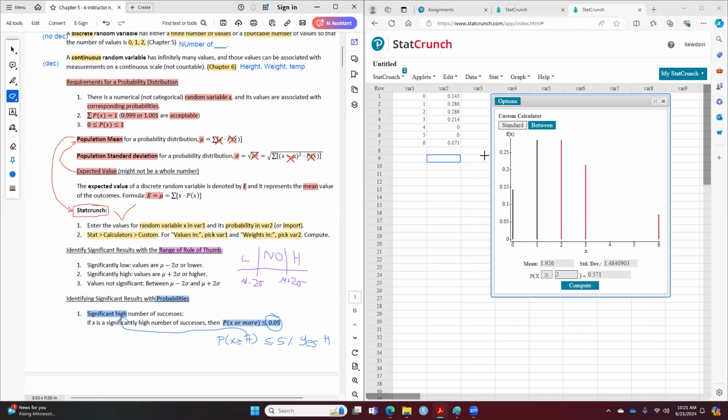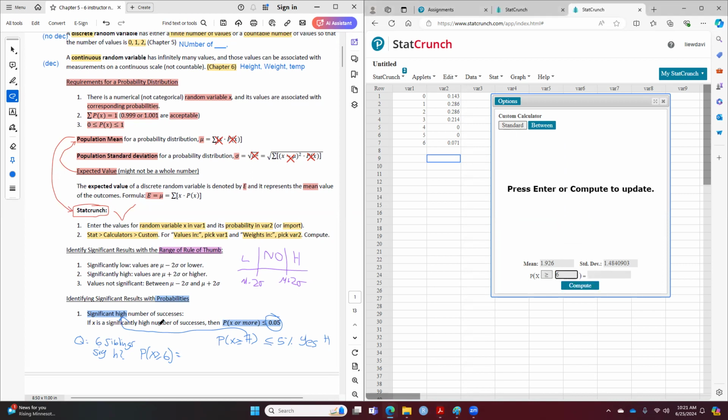Using this example, the question is asking: is having six siblings in the classroom significantly high? In order to use the probability, you just need to figure out the probability of getting 6 or more siblings. So you go to your StatCrunch, you hit this, and because the question is asking for 6, you put 6 here and hit compute.